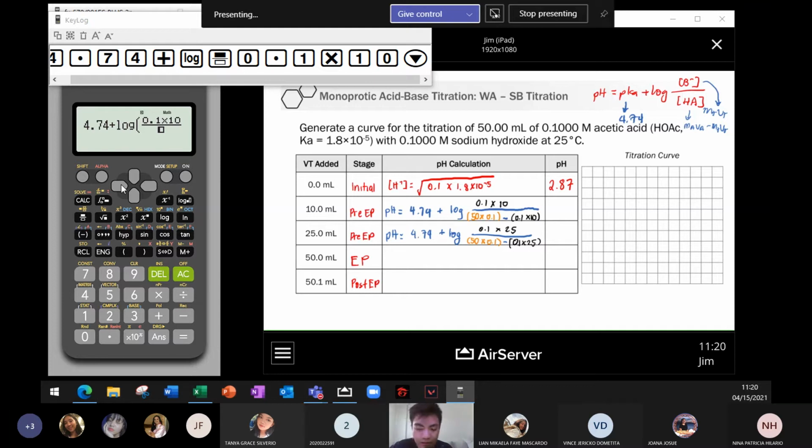On the denominator, mag-parenthesis tayo. Ay, mali. Parenthesis, 50 ml analyte, 0.1 molar analyte. Okay. Minus, parenthesis na naman. Okay. 0.1 times 10. Close parenthesis. Ayan yung sagot, 4.14.